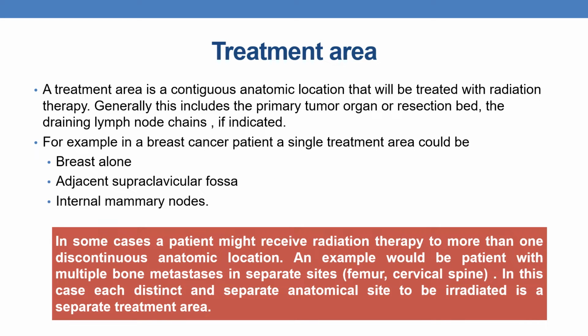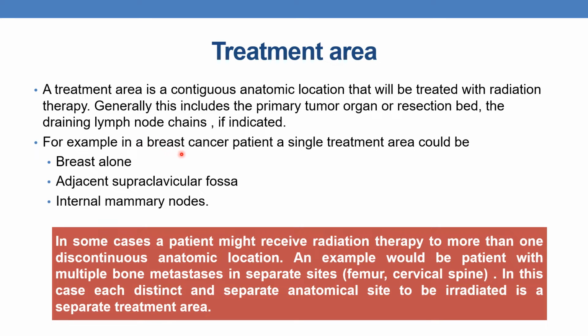Now, what is a treatment area in radiation oncology? A treatment area is a contiguous anatomical location that will be treated with radiation therapy. Generally, this includes the primary tumor organ or resection bed or the draining lymph node chains if indicated.